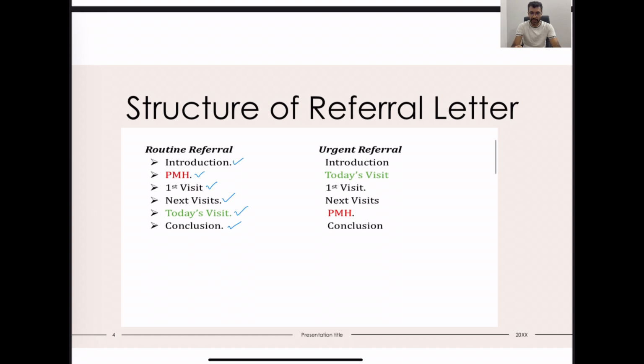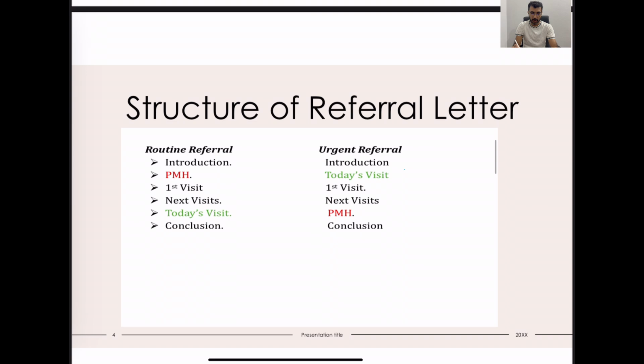And the next type of letter is urgent referral. There is a small difference in their structure. You can see introduction. Immediately after introduction, there is today's visit, then first visit, then next visit, then past medical history, then conclusion. You can see here what we are doing. We are writing today's visit immediately after introduction, and we are moving past medical history to the end.